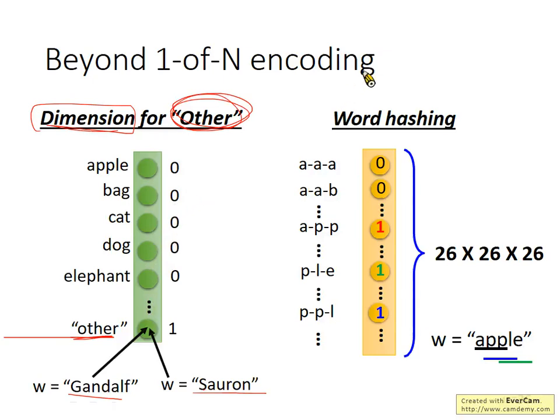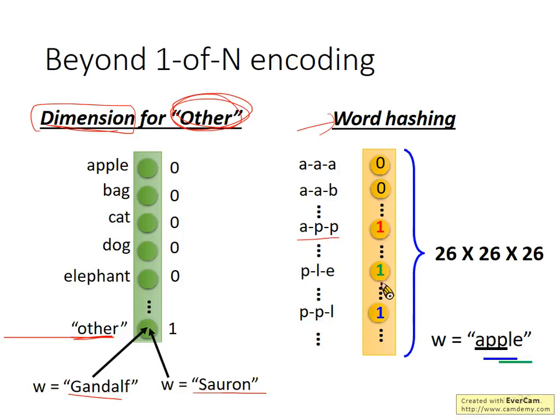We can also consider another method called word hashing. For example, given the word apple, we check the consecutive 3 letters to construct a hashing structure. For apple, the first 3 letters are app, so in the dimension corresponding to app, we denote it as 1.